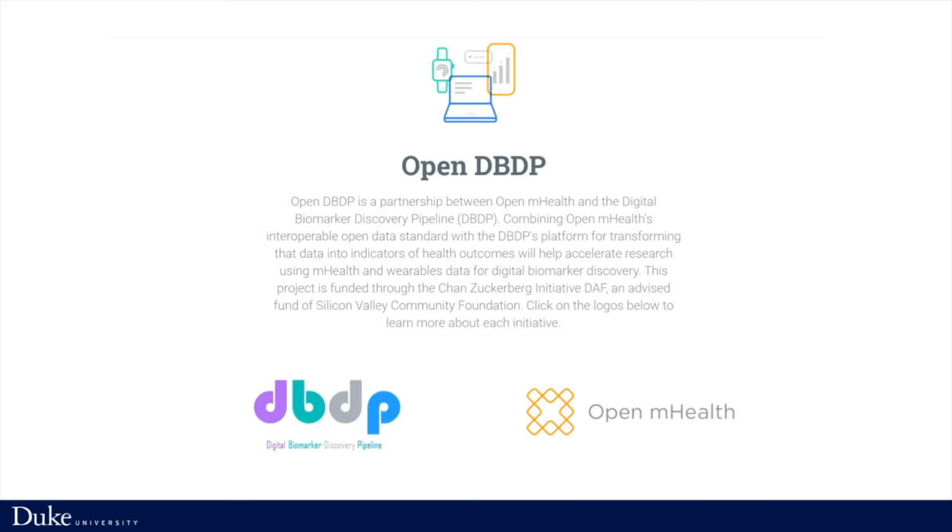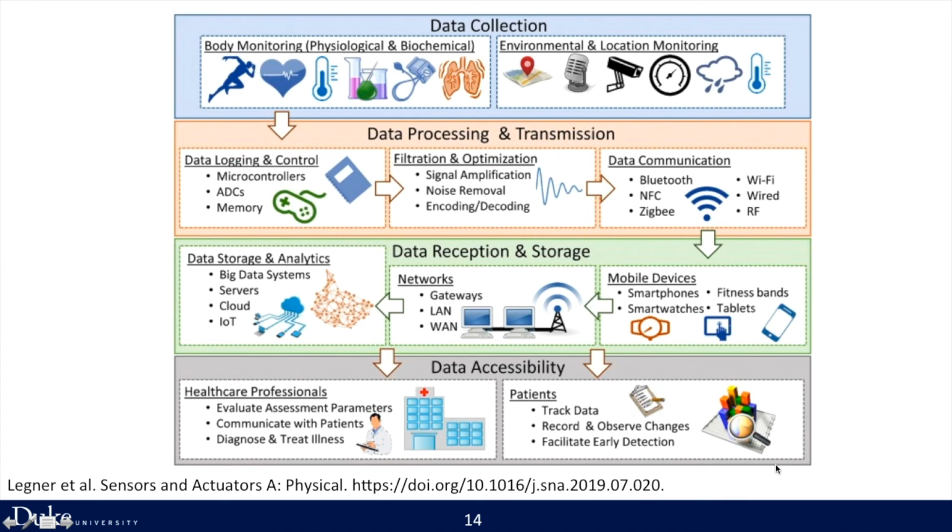With this, our goal is to make it easier to access data from digital devices through APIs, or application programming interfaces, that enable us to go in and collect the rawest form of the data, the data at the sample level whenever possible, and to convert that data into a standardized form that can be readily interpreted by digital biomarker algorithms and converted into actionable insights. So we'll hear more today about the digital biomarker discovery pipeline and Open mHealth and how the combination of these two is making this entire process much more feasible.